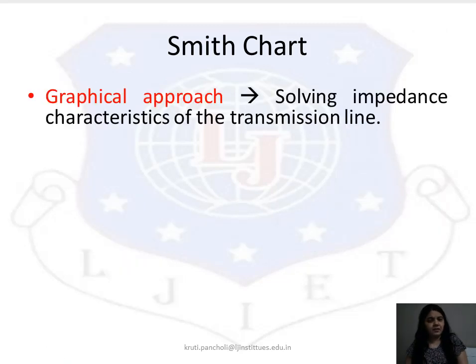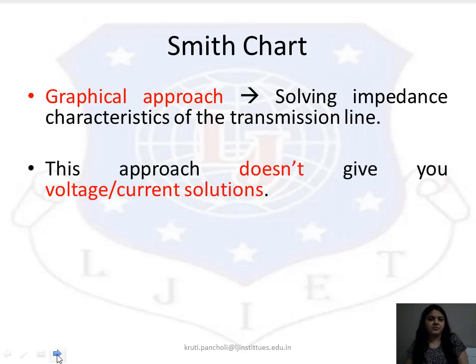Graphical approach means solving the impedance characteristics of the transmission line. This approach doesn't give you the voltage or the current solutions. You know that in the transmission line equation we have found the value of the voltage and the current.